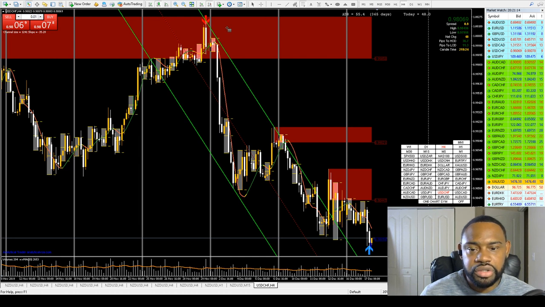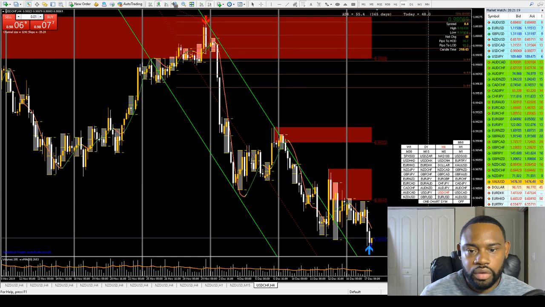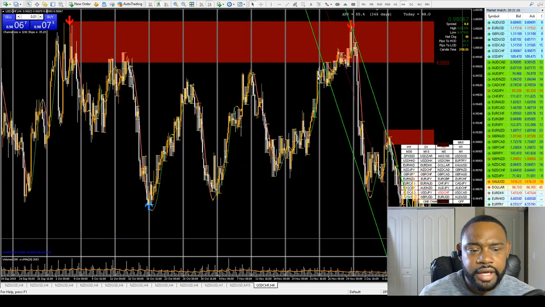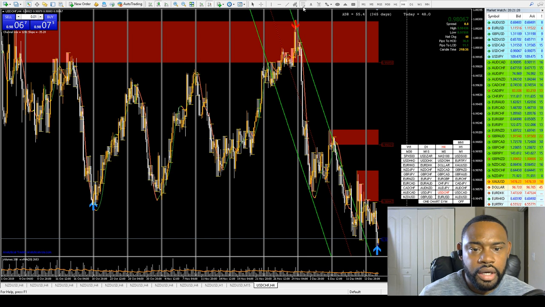Let's say potentially, if we would have gotten in here, let's see how much risk to reward we will have. And you guys know that I have modified my Fibonacci. So this here doesn't want to act right for us.